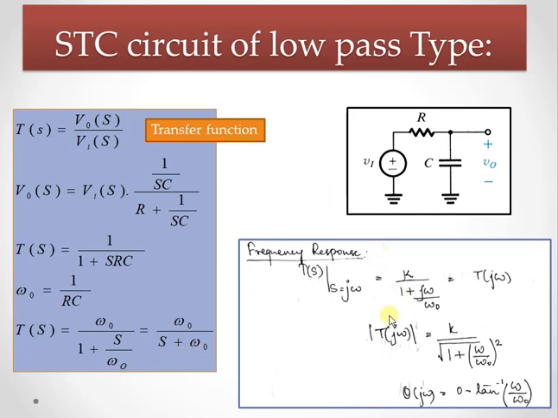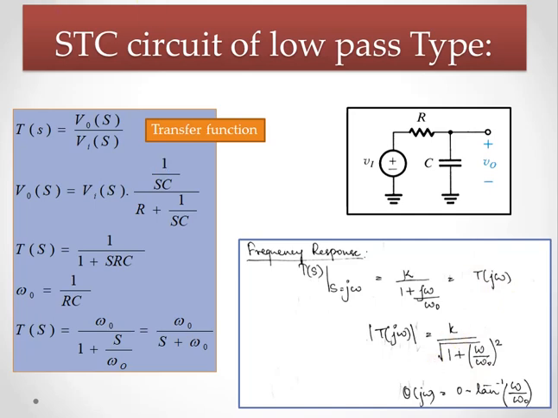The frequency response can be obtained from the transfer function wherein s is replaced with j omega. I consider the magnitude of the transfer function at omega equal to 0, that is the DC quantity, to be equal to K. That is why I have included the term K in the numerator, and this is T(j omega).